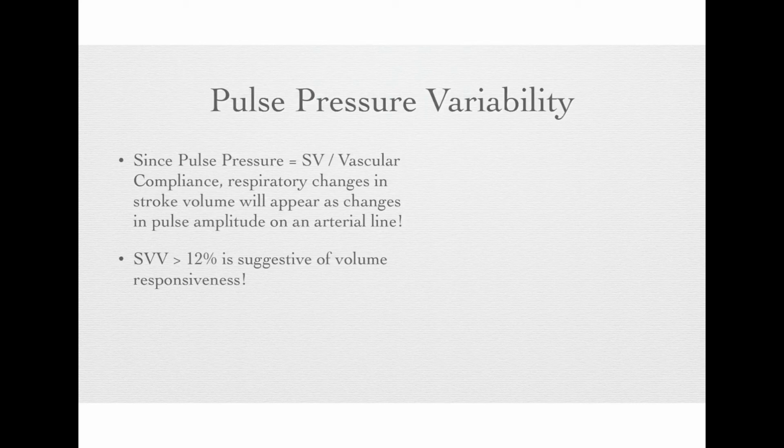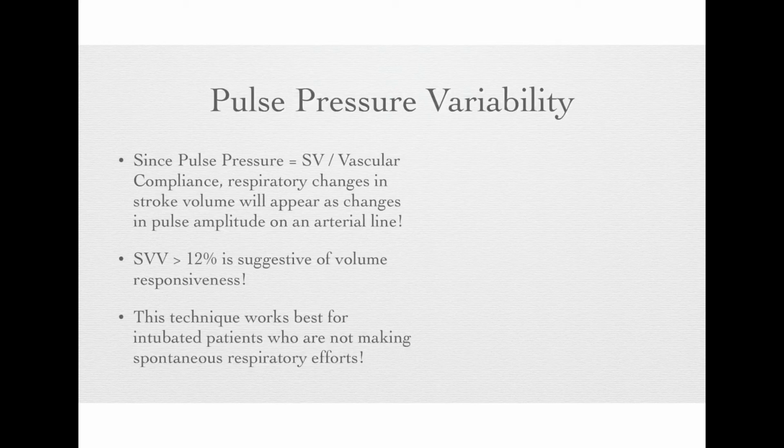And we can use a cutoff of greater than 12% stroke volume variability to indicate that a patient is likely to be volume responsive. Possibly the best use of this technique is in a patient who is intubated and not making any spontaneous respiratory efforts, since spontaneous respiratory efforts create negative intrathoracic pressure and interfere with the interpretation.